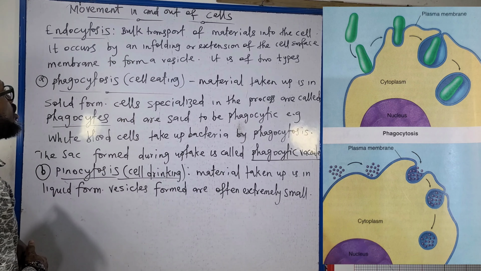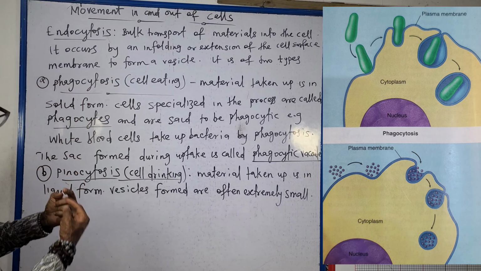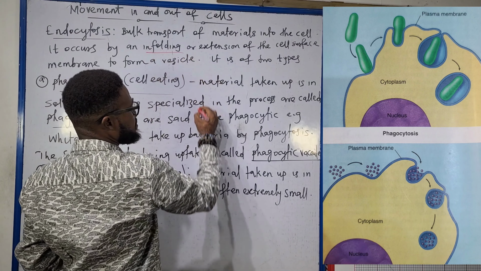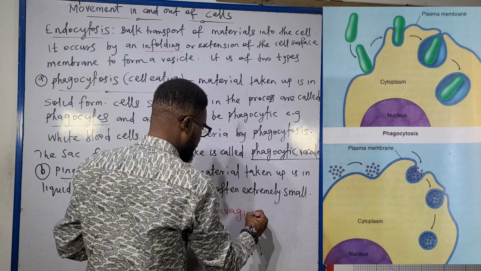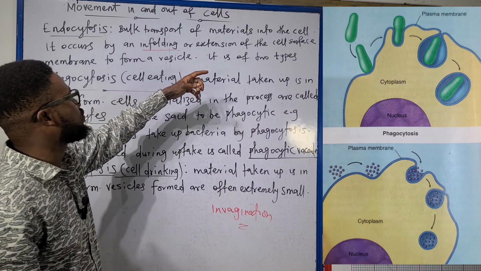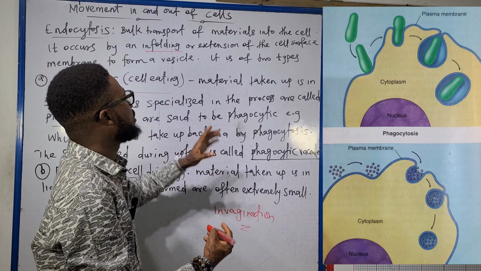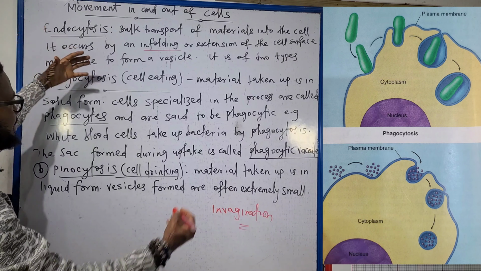You can see that bulk transport of materials into the cell occurs by an infolding. When you say infolding, it's the same thing as saying invagination, or extension of the cell surface membrane inward to form a vesicle. That is what bulk transport is about. That's what endocytosis is about.